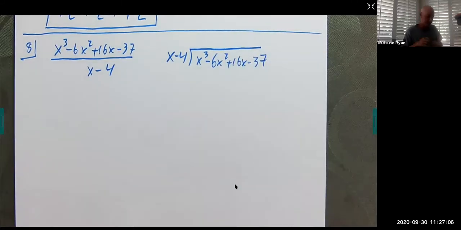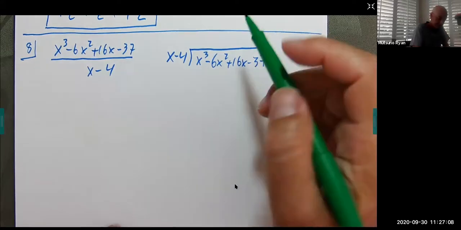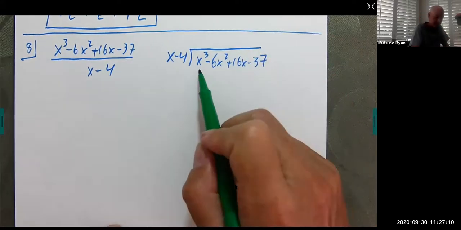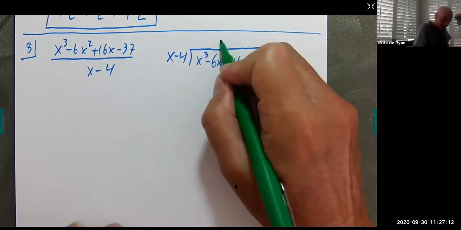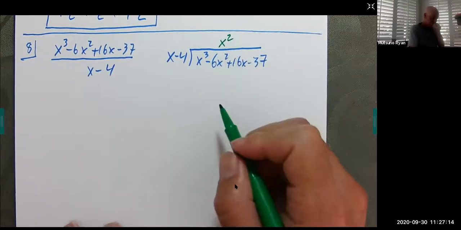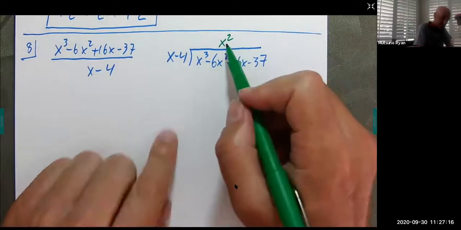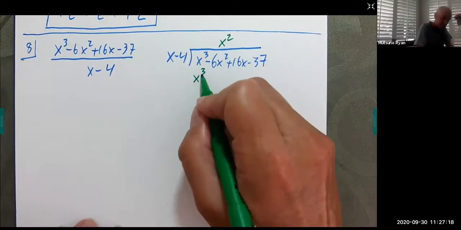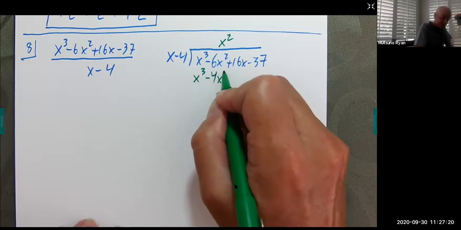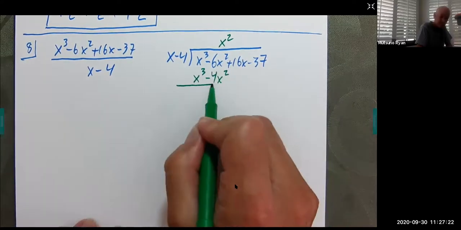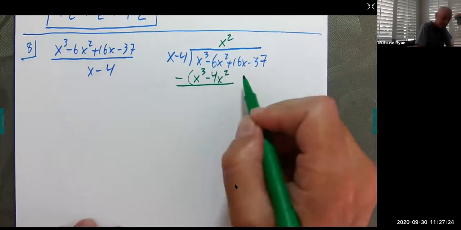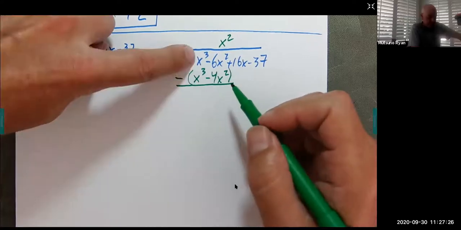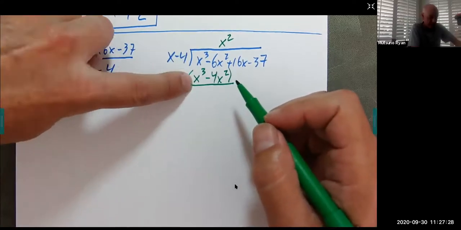Use my green pen for this part. Now I need something times x to give me x to the 3rd power. That's going to be x squared. And now I'm going to distribute: x squared times x is x to the 3rd. Minus 4x squared. Now I'm going to subtract. Now these two should always go away. X to the 3rd minus x to the 3rd, that should always be 0 there.